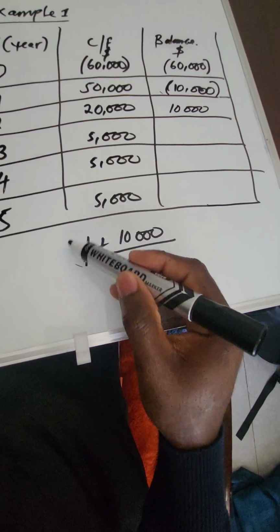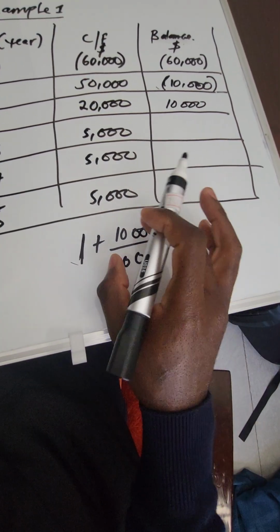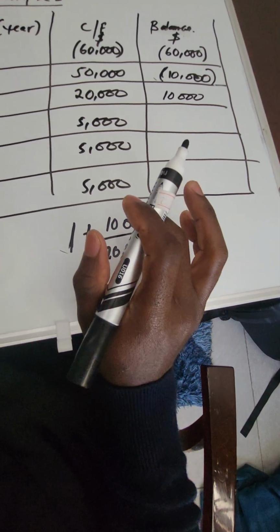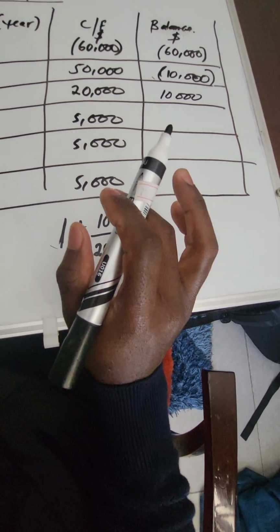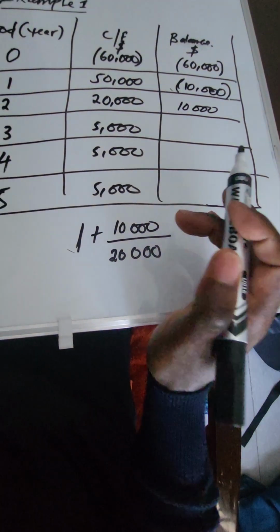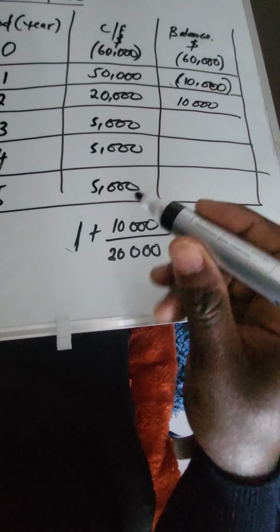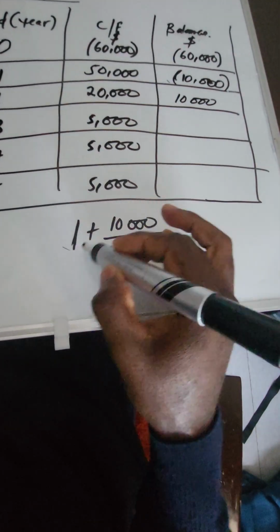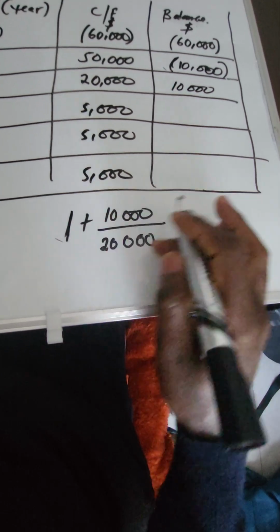This is in order to find the exact time. We know it's 1 year plus this, right? This is the exact time that our initial capital that we had injected into a business is going to be paid back. So we want to calculate exactly when. So we know it's 1 year plus this.